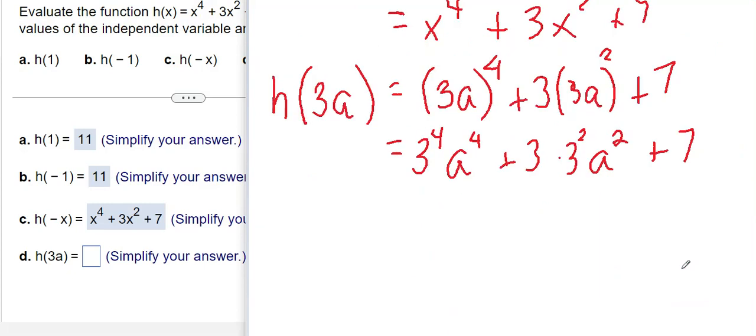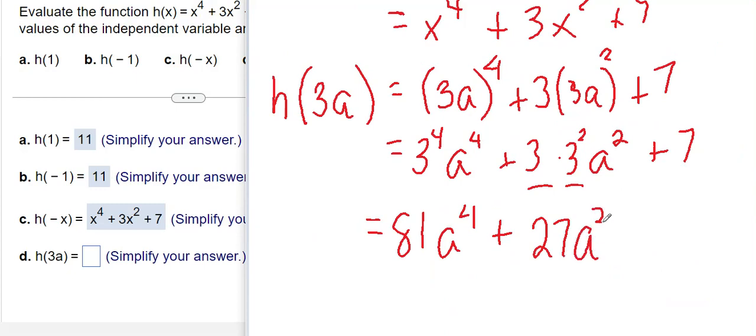Now I'm going to get my calculator out and do 3 to the fourth. Okay, that's 3 times 3 times 3 times 3, which is 81. A to the fourth plus, now that's 9, and 3 times 9 is 27.